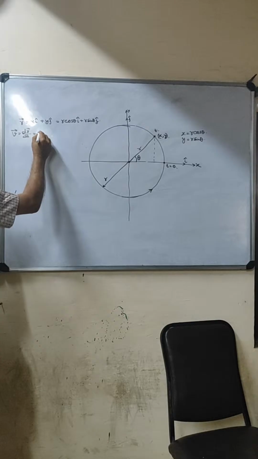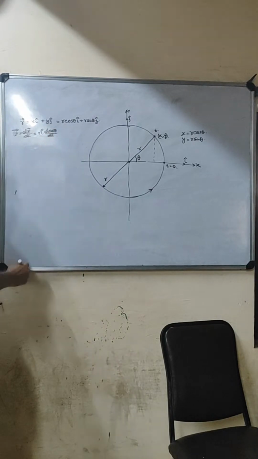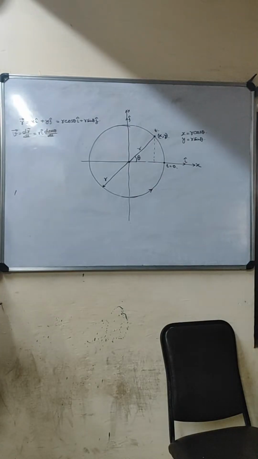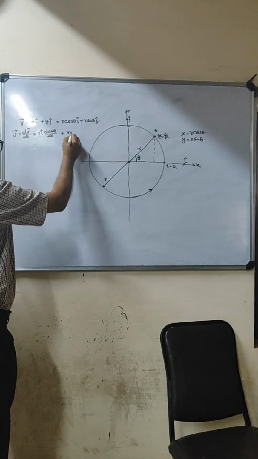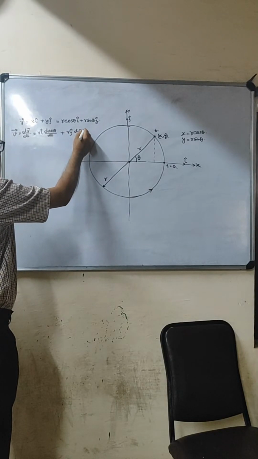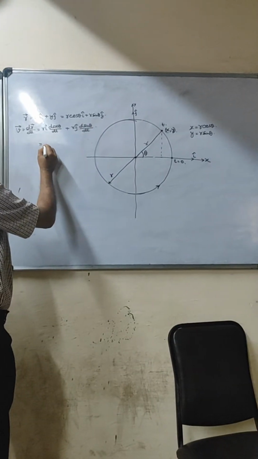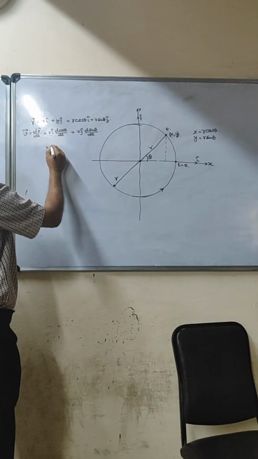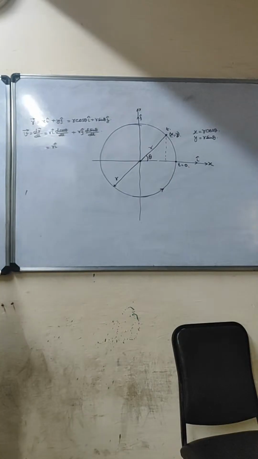It will be r i hat into d cos theta by dt. Agreed? Clear? Plus r j hat into d sin theta by dt. Now further, what is d cos theta by dt? Minus sin theta.